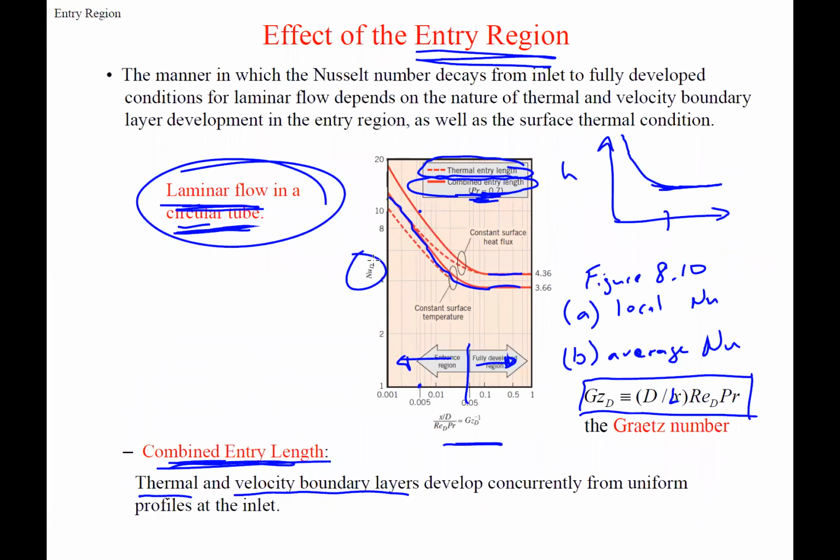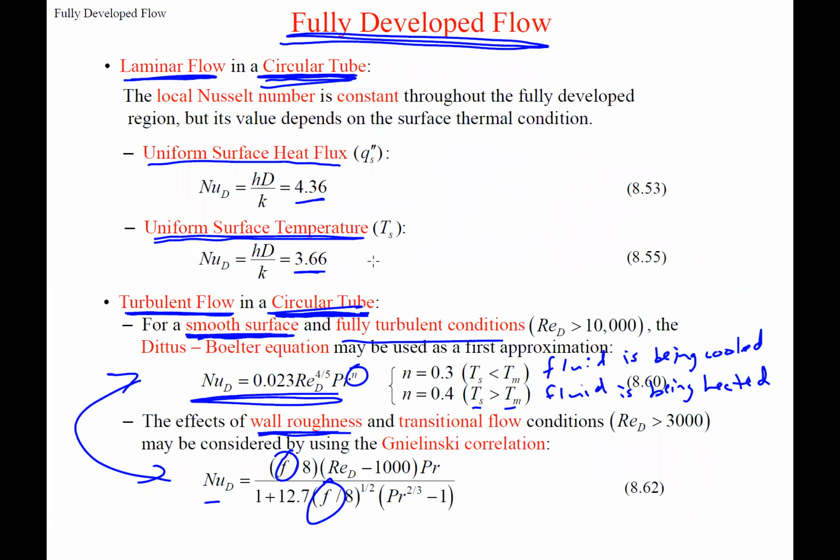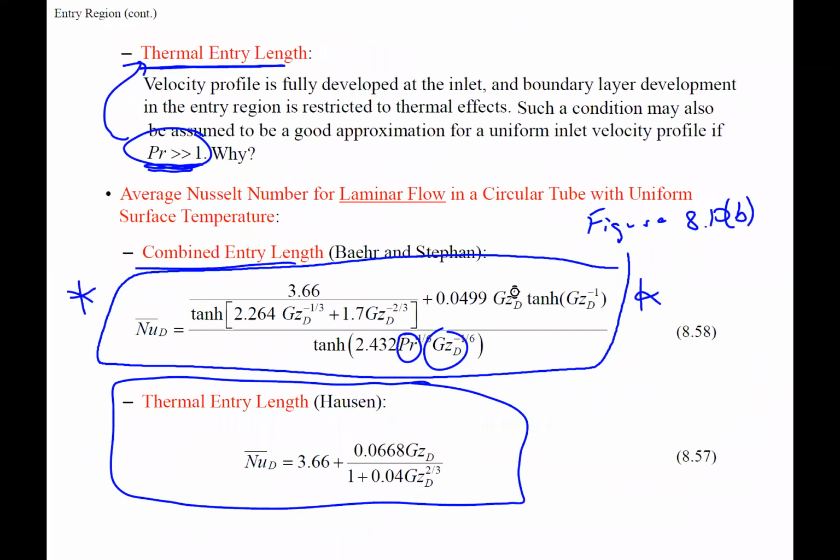We have a circular cross section, fully developed, turbulent flow, fully developed, circular tube, and for a smooth surface we can assume this equation. So we just have to grab the right one, whether the fluid's being heated or cooled. In our case, it's cooled, so it's 0.3. So we grab this relationship for Nusselt number.